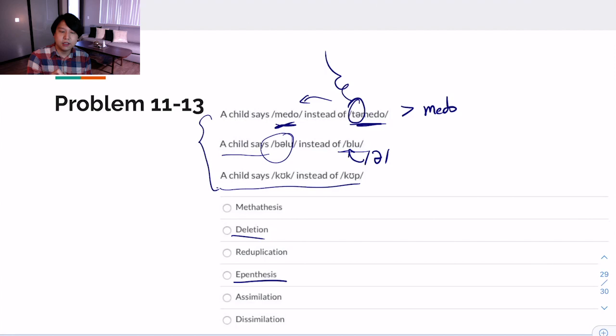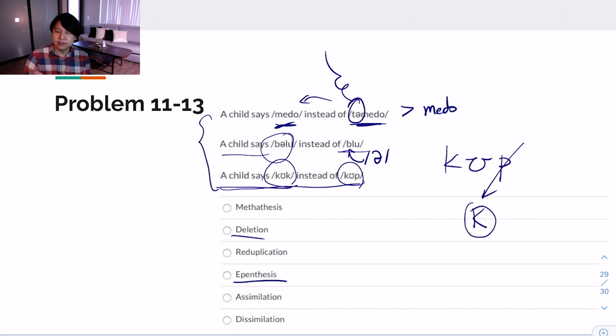Number 13, a child says cook instead of cook. So the right word is cook, but the P becomes K, and it is not metathesis. No order is changed. It's not deletion. It's not insertion.